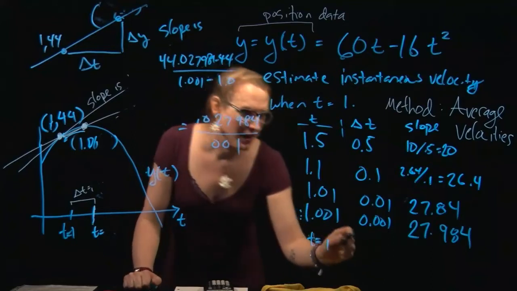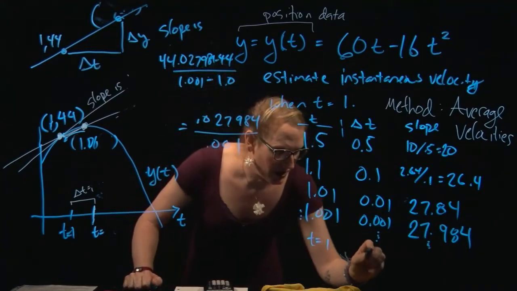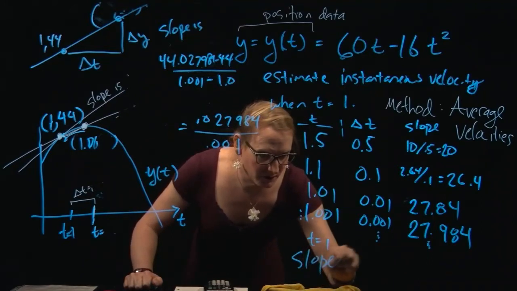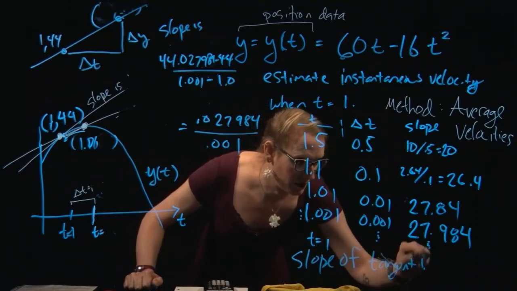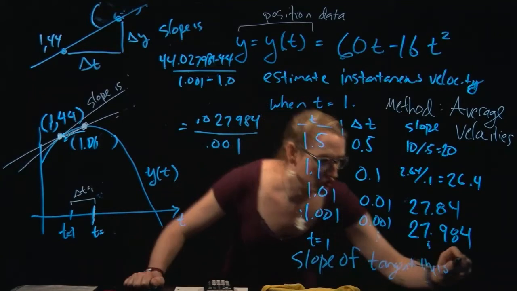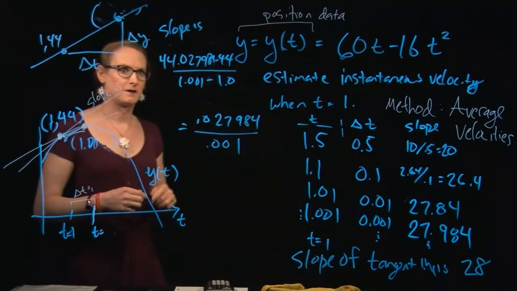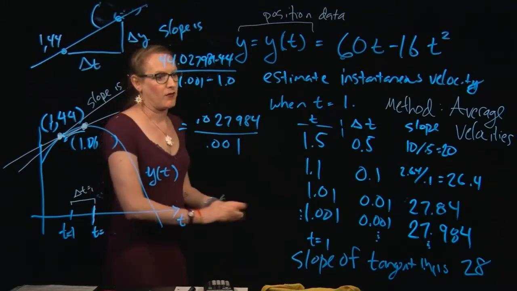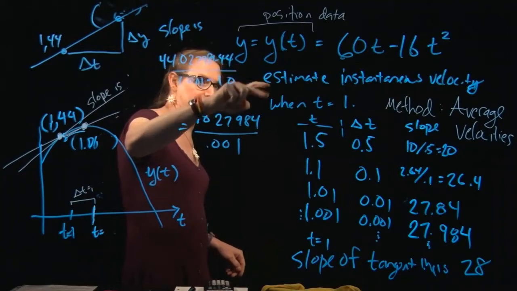So at this point, I'm willing to conjecture that if we were to keep doing that forever, the slope of the tangent line is 28. Slope of the tangent line is 28. So our goal was to estimate the instantaneous velocity when t is 1.